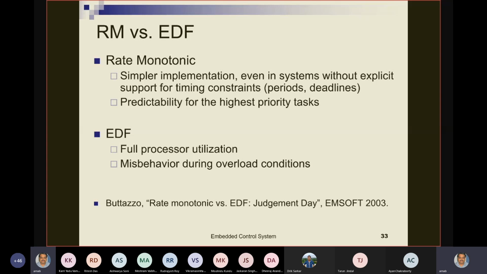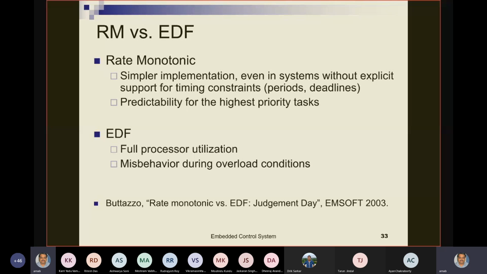Yes, sir. So there is also a nice 2003 paper by Buttazzo which says, RMA versus EDF: judgment day, who wins over whom. In this paper they say this. Finally they say that rate monotonic is simpler in its implementation, even in systems without explicit support of timing constraints, periods, deadlines, because you have fixed the priorities of tasks beforehand, and you know who should execute before whom. That is known.